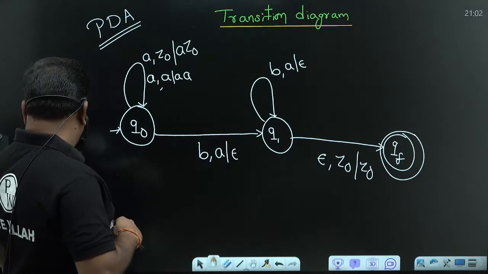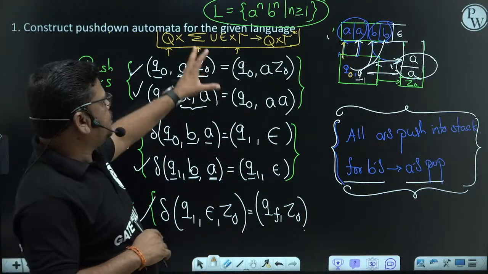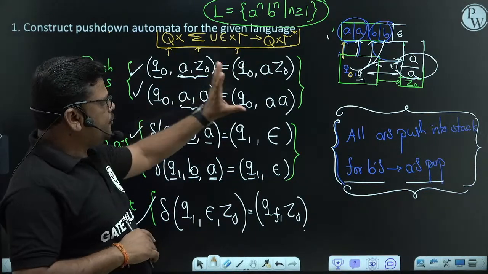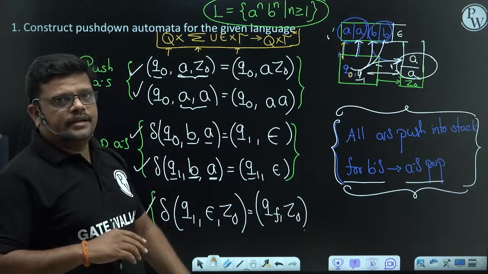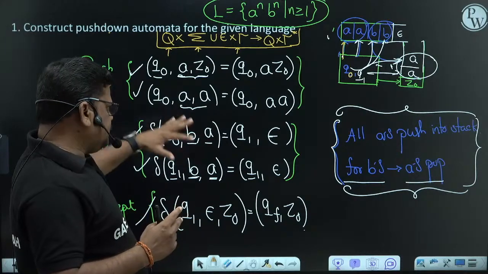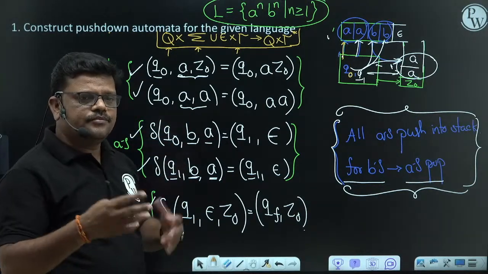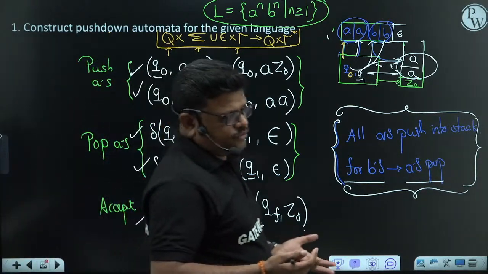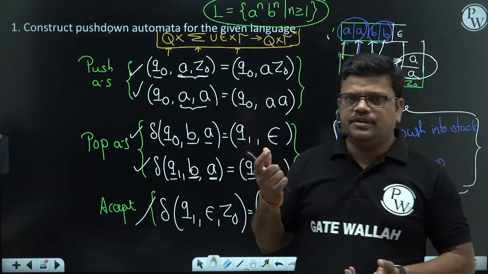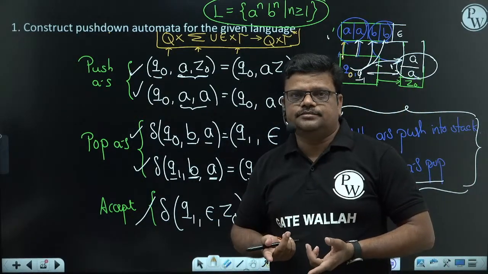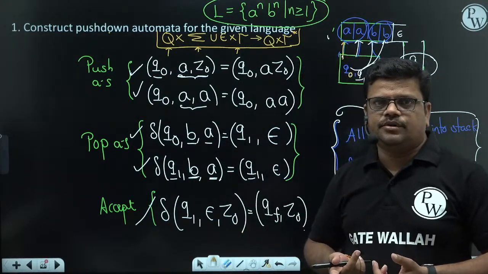So here first we made a logic to accept this language, A power n, B power n. Representing that logic by transitions or a transition diagram is very easy. So initially, the moment we see any language, try to make one logic to accept that language. Okay.